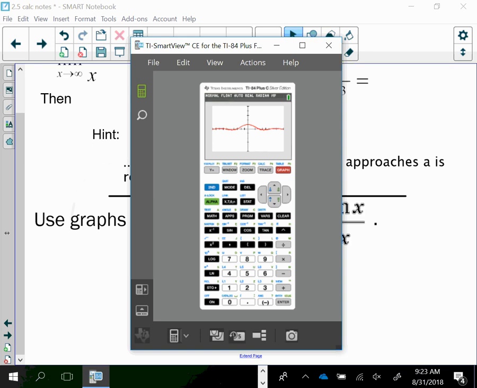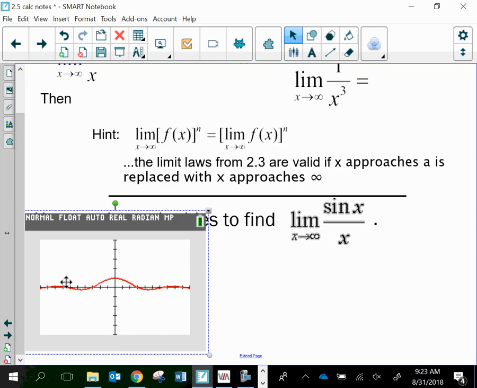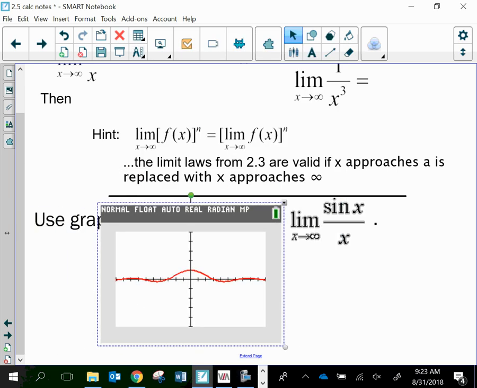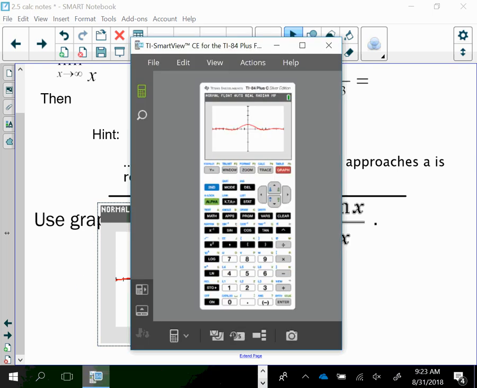Okay. This really is one of those oscillating graphs. If you would trace, hit trace and just hold down until it bumps over.